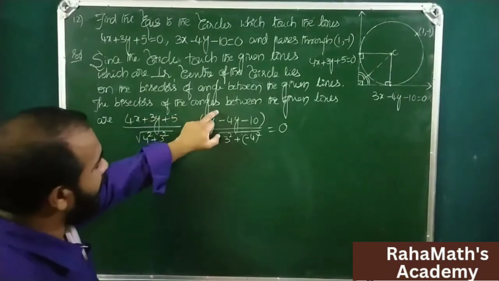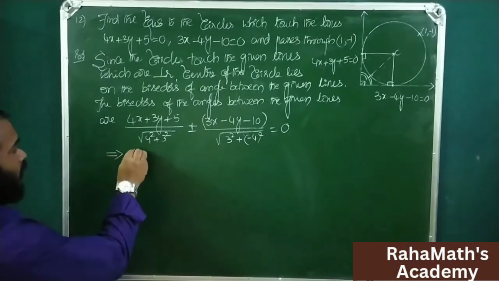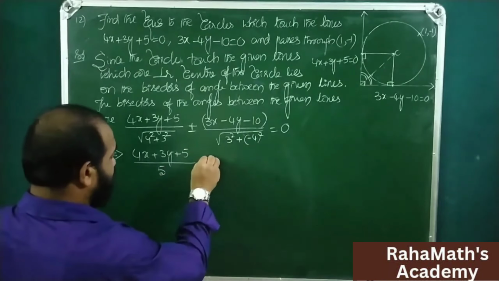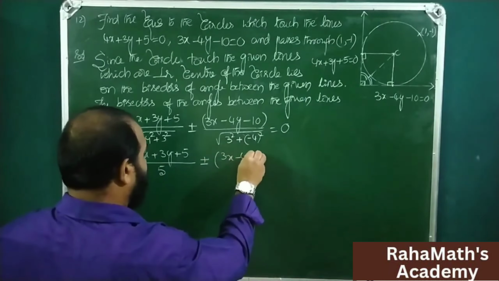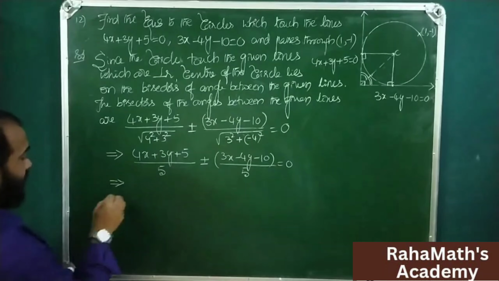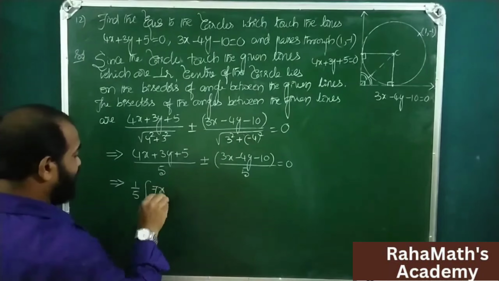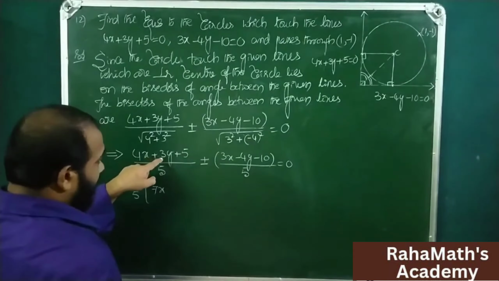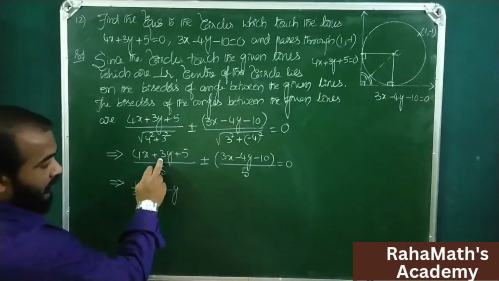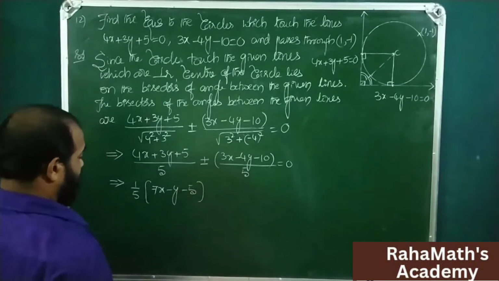So the bisectors of the angle between the given lines, as we have discussed earlier, are (4x plus 3y plus 5) by 5 plus or minus (3x minus 4y minus 10) by 5 equals 0. Taking 5 as the LCM, 1 by 5 into, 4x plus 3x, 7x, 3y minus 4y, minus y, 5 minus 10, minus 5, equals 0.